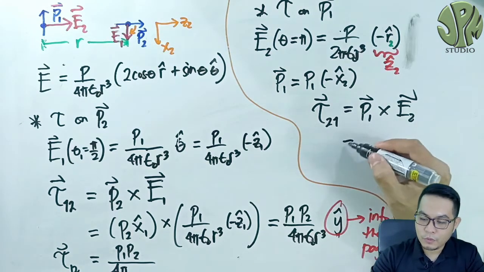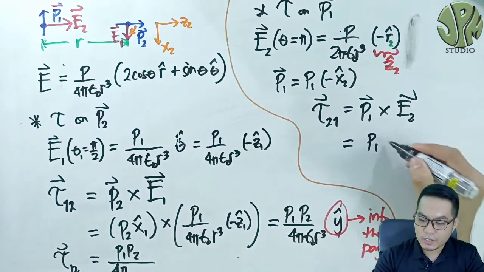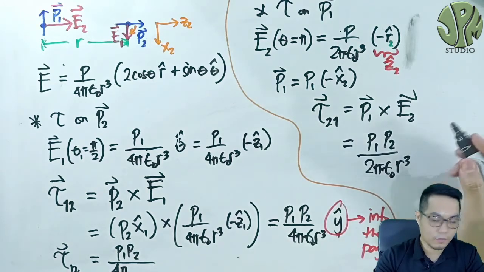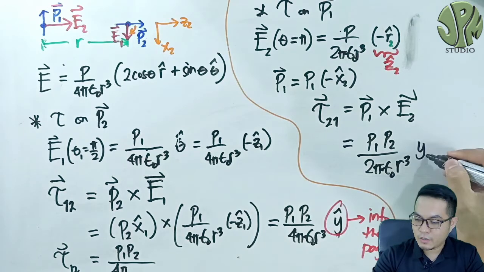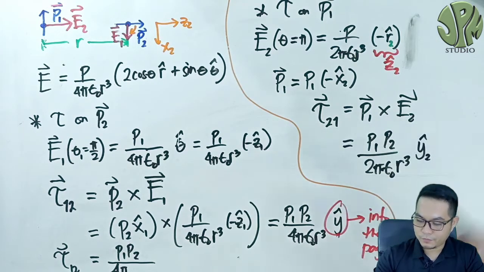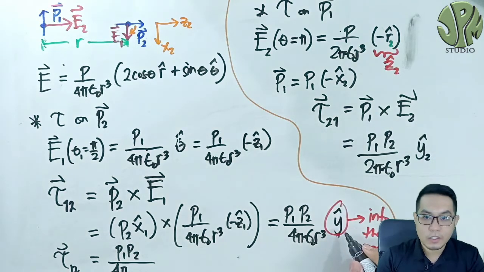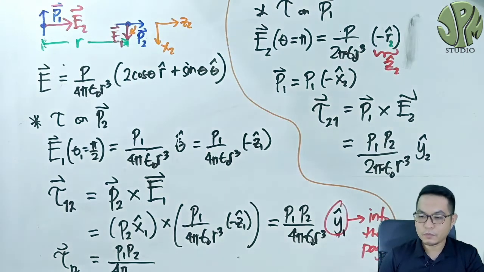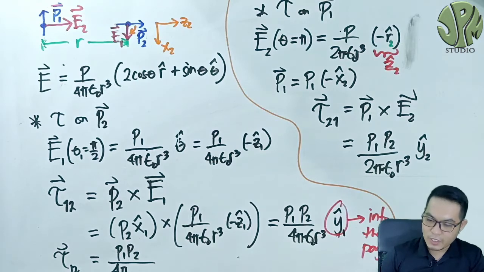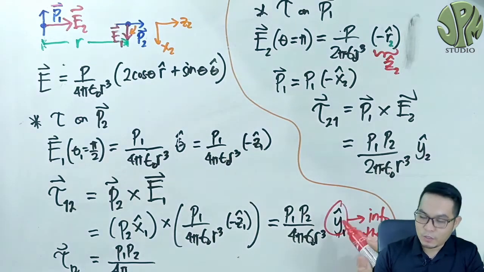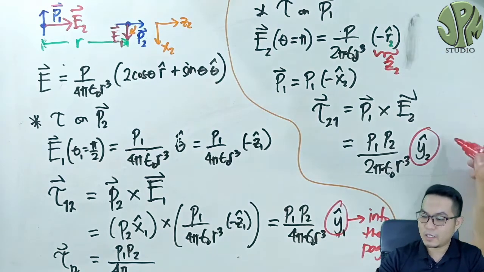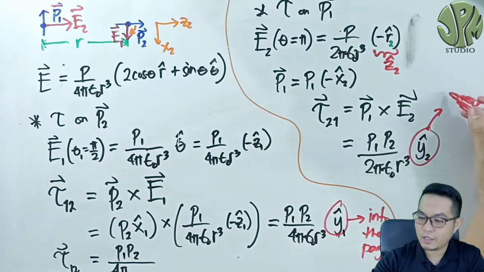So you do that, and the answer that you will get is P1 P2 over 2 pi epsilon naught r cubed. The direction is y2 hat. Sorry, this should be y1, y2 hat. But in both of the cases, the y1 hat and the y2 hat are both into the page.